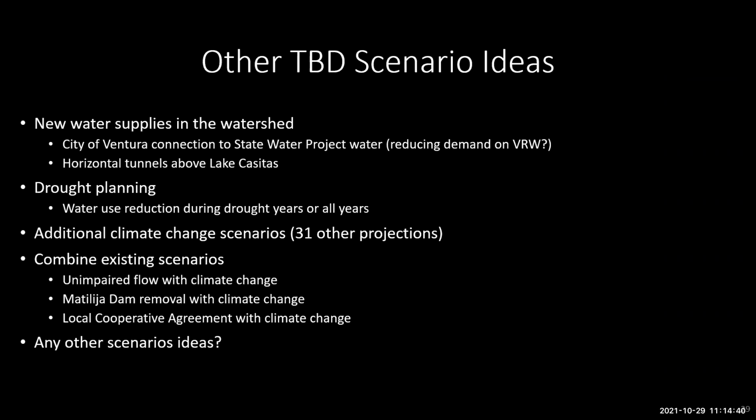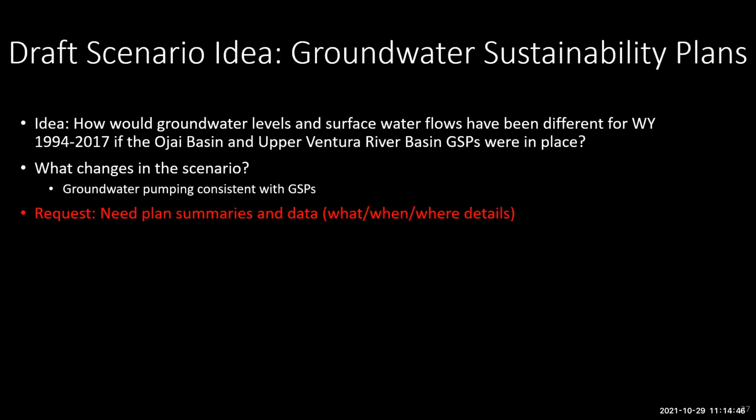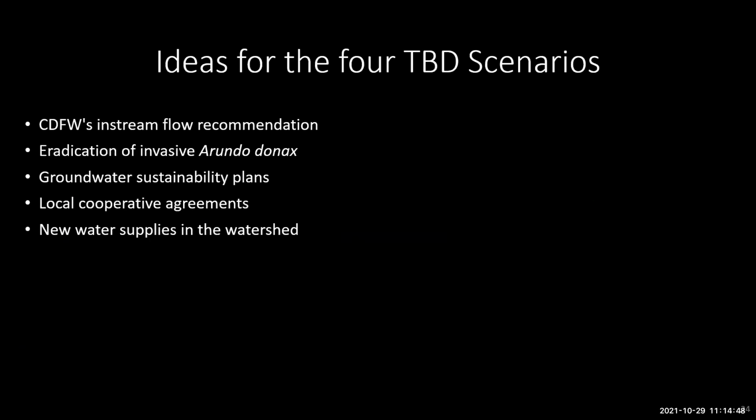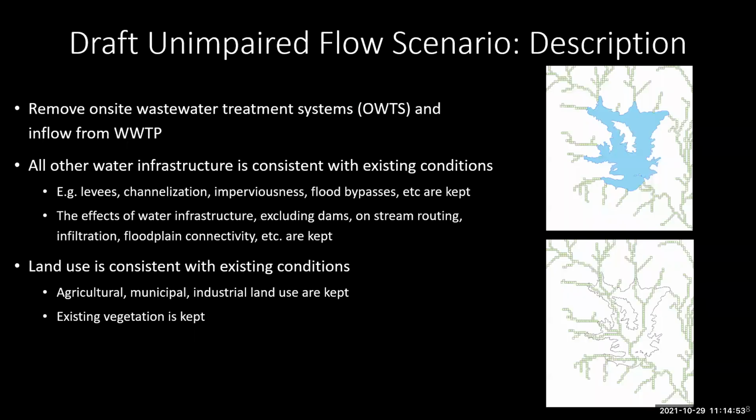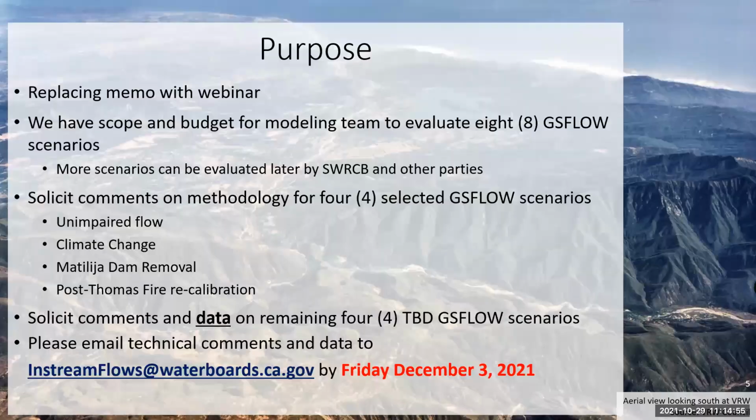And Kevin, could you maybe just go back to the slide where you had an outline of the 4 scenarios that have been decided that we're going to run through this project, and then the 4 to-be-determined scenarios?